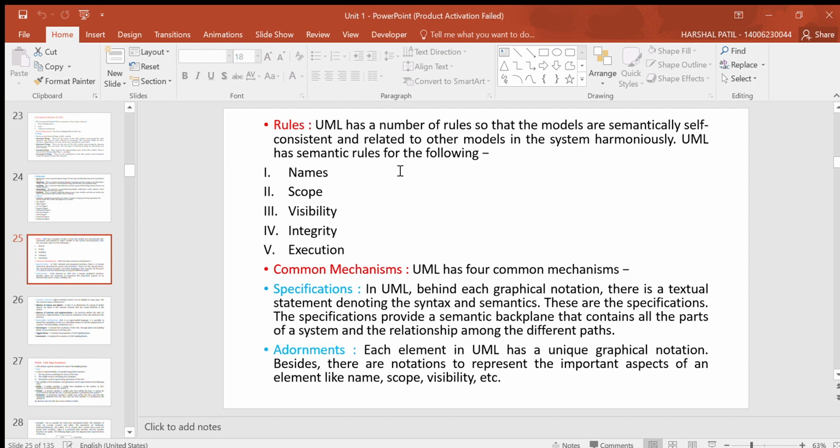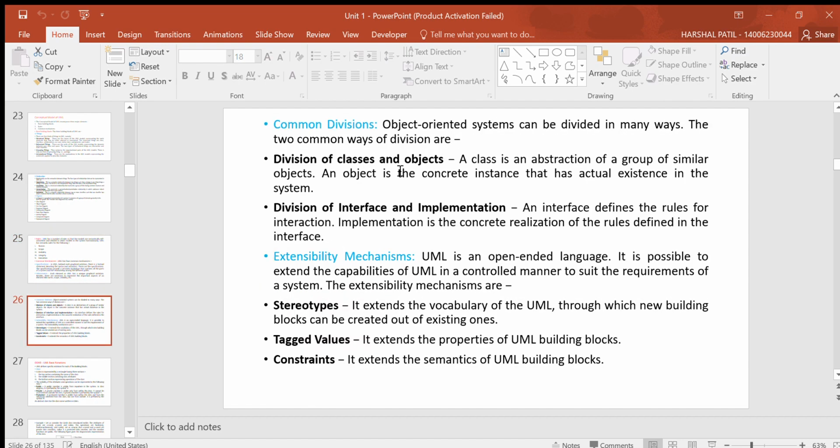The specification provides a semantic backplane that contains all the parts of the system and the relationships among the different parts. Adornments: each element in UML has a unique graphical notation, and besides there are notations to represent the important aspects of an element like the name, scope, visibility, etc.